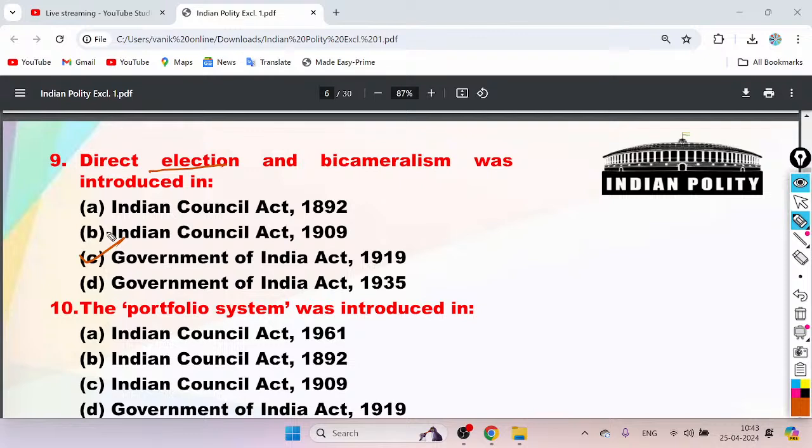Under this act, the Central Legislative Council became bicameral, consisting of the Central Legislative Assembly and the Council of States. This is known as bicameralism. So it is bicameralism at the center, not in the provinces. In the provinces, bicameralism was introduced under the Government of India Act 1935.